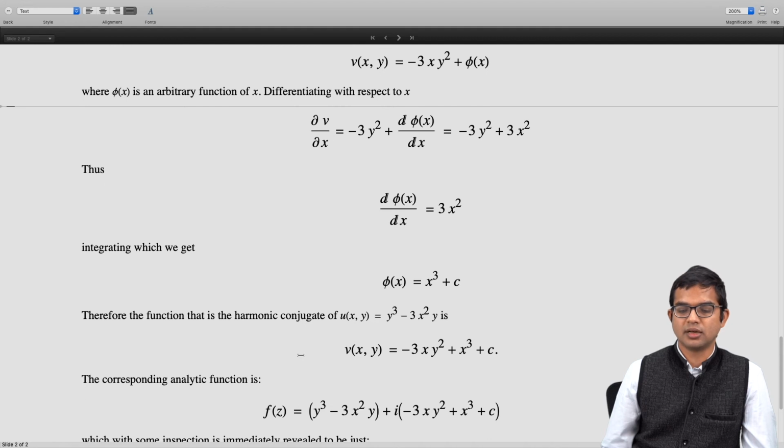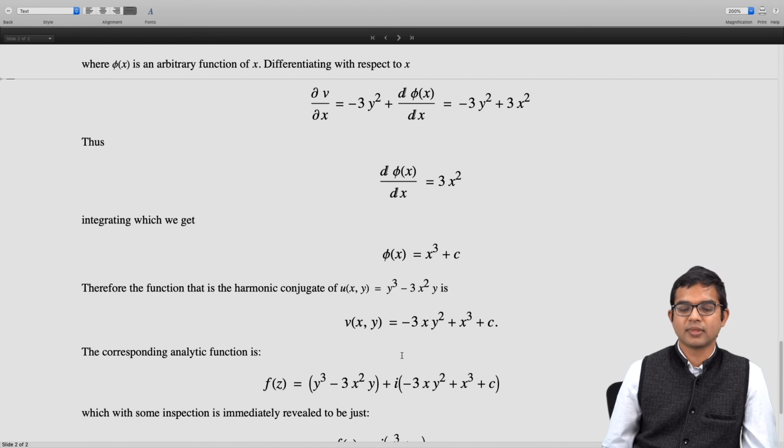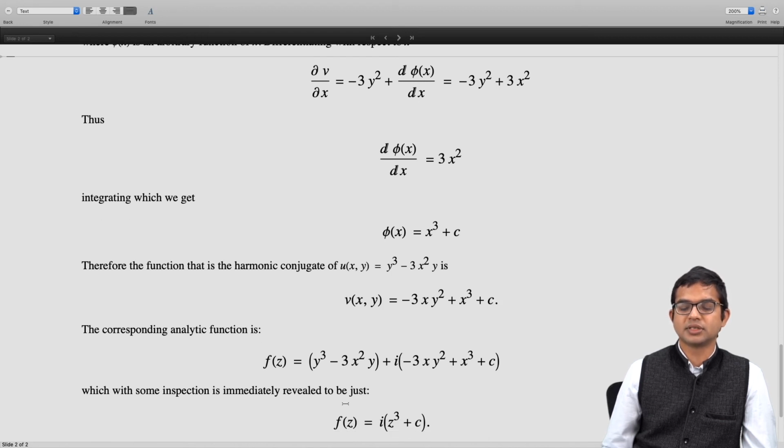So f of z is y cubed minus 3x squared y plus i times minus 3xy squared plus x cubed plus c, and some inspection reveals that this function f of z is just i times z cubed plus c, right? So indeed it's an analytic function, and it's just a polynomial. There is no dependence on z star, so the partial derivative of f with respect to z star is going to be 0.